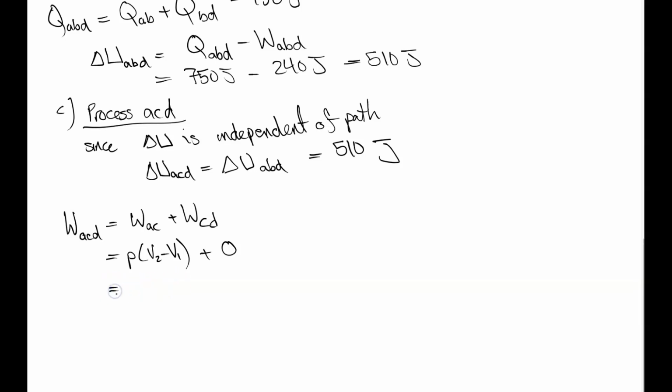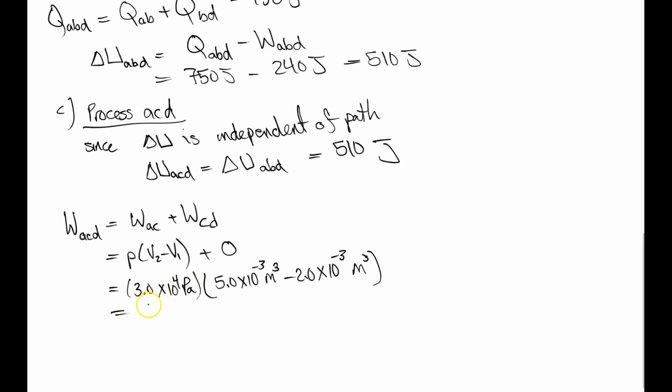The pressure from A to C is 3.0 times 10 to the 4th Pascal, and the change in volume again is 5.0 times 10 to the minus 3 meters cubed minus 2.0 times 10 to the minus 3 meters cubed, plus 0 doesn't matter.